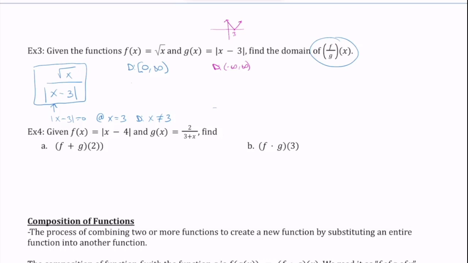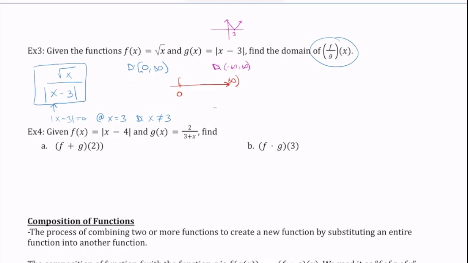So you want the intersection here. This function starts at 0 and goes all the way to infinity. So I'm going to exclude all the negative numbers. I'm not going to have all those.